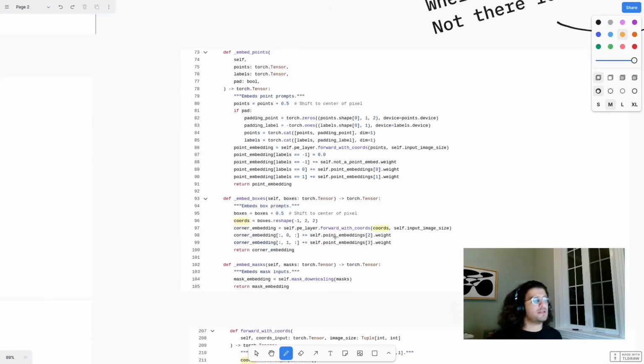We can go into depth on what's happening in each of these, but it's not that relevant. You just understand that for each of the different types of input prompt, they will put them into a vector space that makes sense for them. Sparse and dense are separated, and when we call embed mask, we actually just call mask downscaling, and we pass through the network we saw earlier.